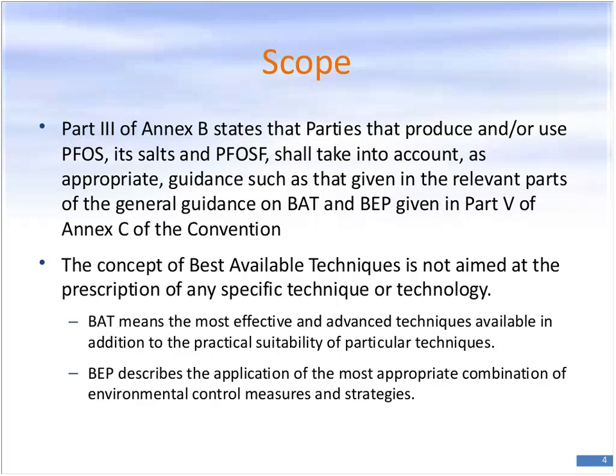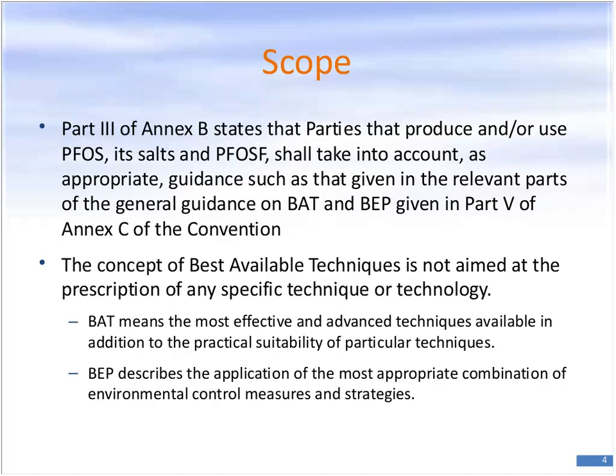So the guidance document that we will be walking through today has been developed to assist or to guide parties in addressing the risks of this perfluorooctane sulfonic acid and its related substances.